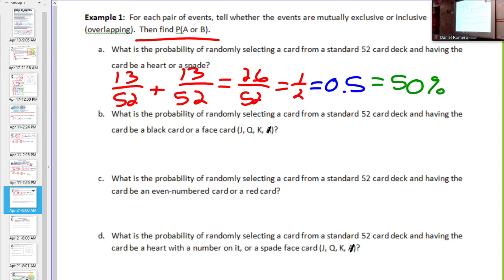Now you got it warmed up. So here we go. We're looking for a black card or a face card, and we know it's going to be out of 52. Chris, how many black cards are there in a standard deck of playing cards?